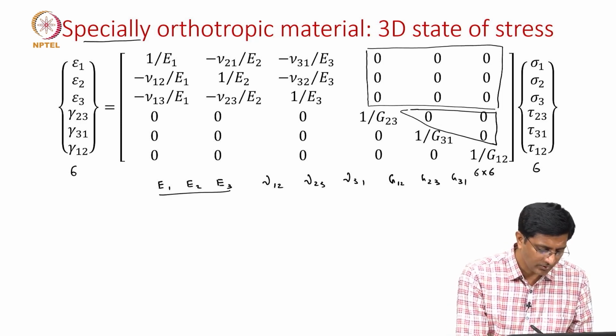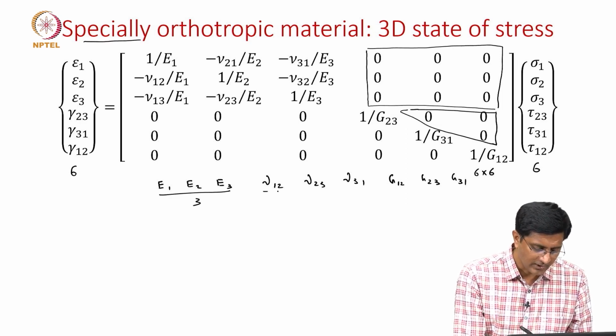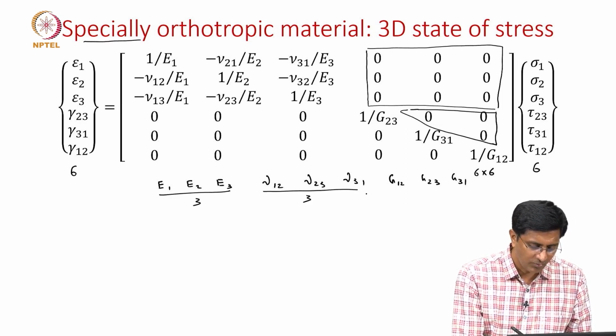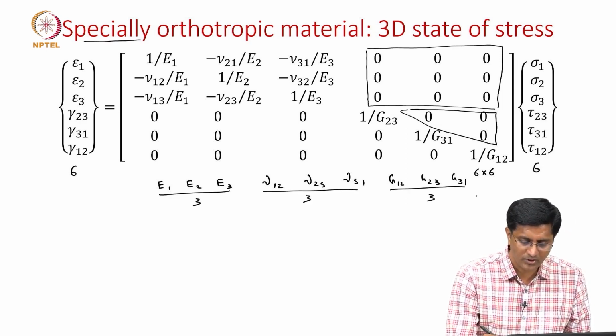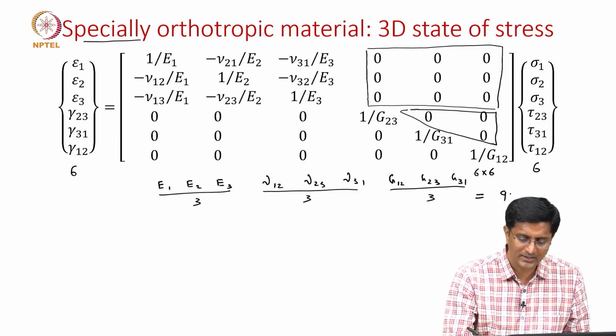So, effectively we have 3 elastic moduli, 3 Poisson ratios and 3 shear moduli. In total we have 9 elastic constants.